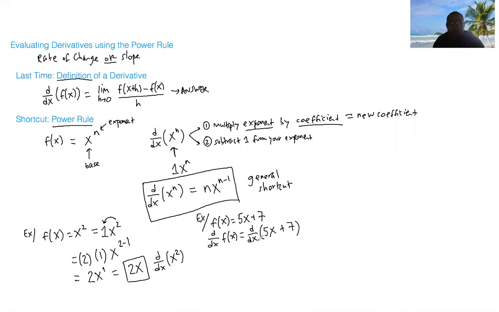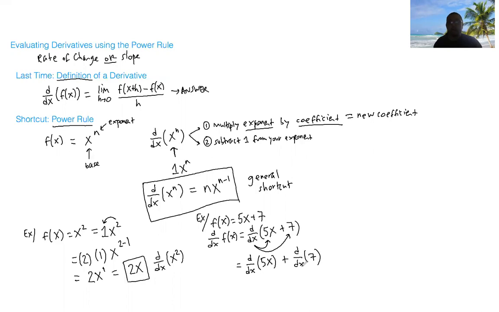Teaching point: when you see the derivative of an entire expression, just remember you are going to distribute the derivative to each term inside of that expression, okay? So this is the same thing as the derivative with respect to x of the first term, which is 5x, plus the derivative with respect to x of the second term, okay?